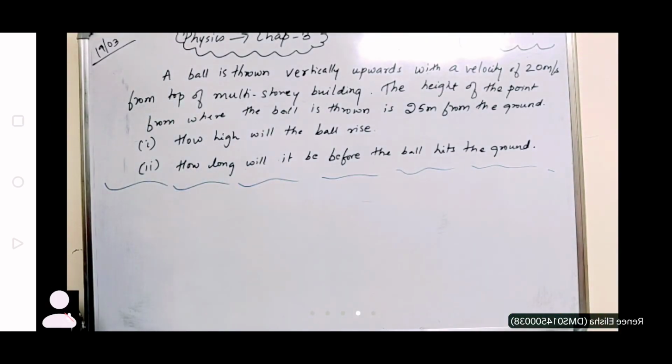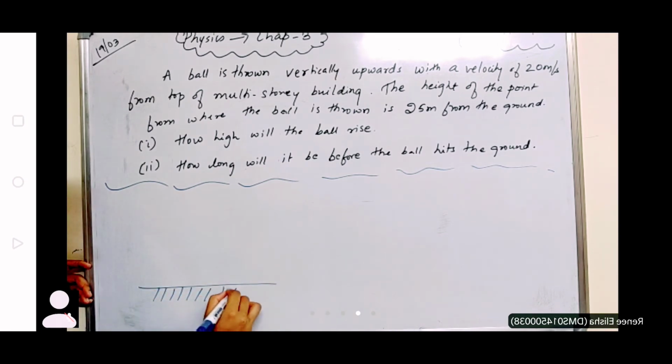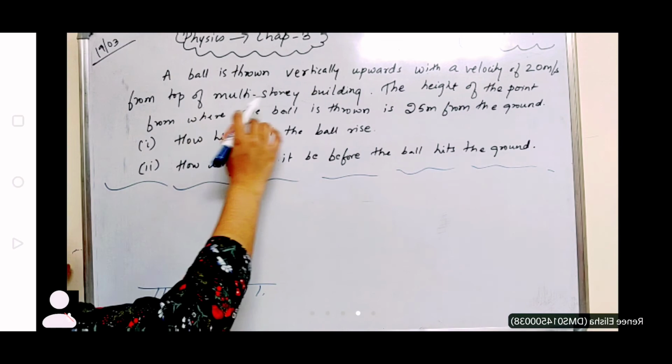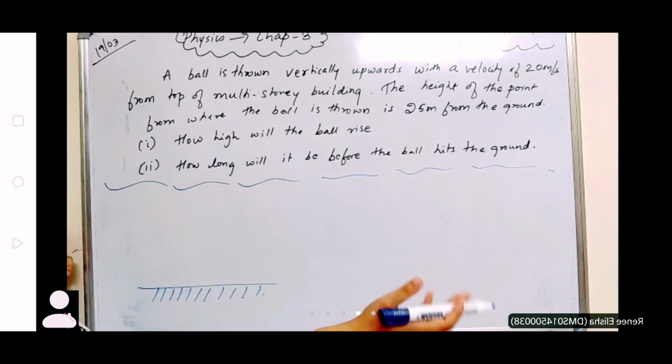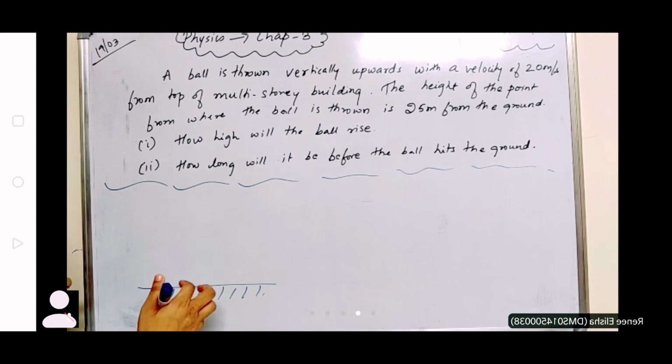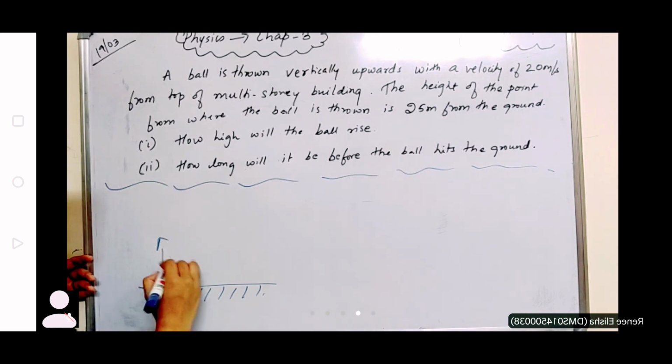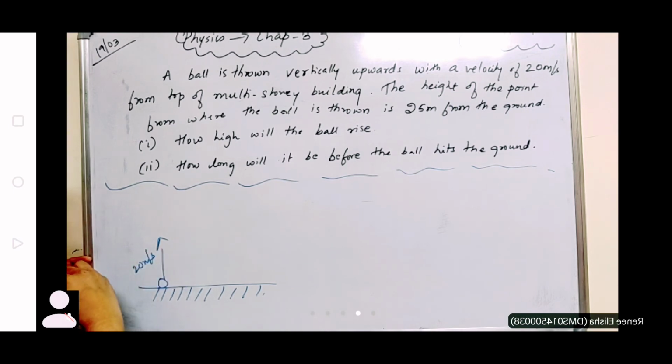Yes. So consider vertical upward motion of a ball up to highest point. Okay, before that, let me consider one thing. Suppose this is the ground here. A ball is thrown vertically upward with a velocity of 20 meters per second, they say. Suppose this is a ball, it is thrown vertically upward with 20 meters per second.